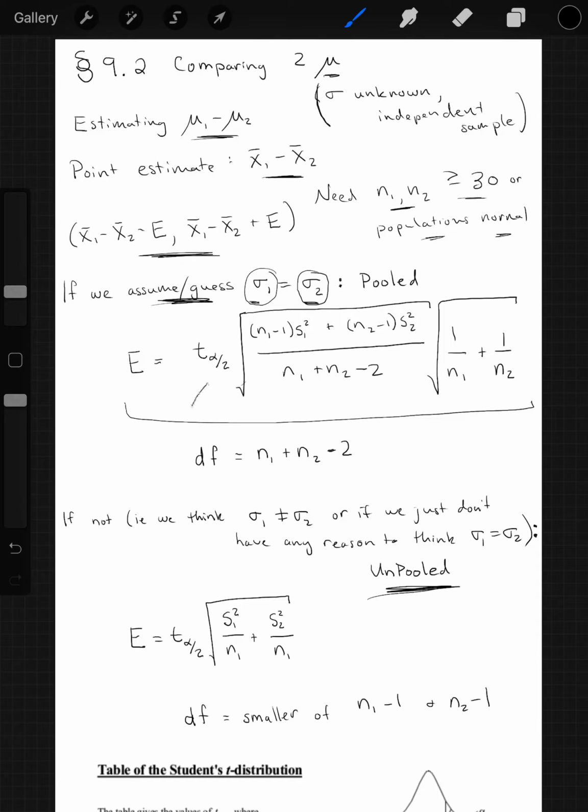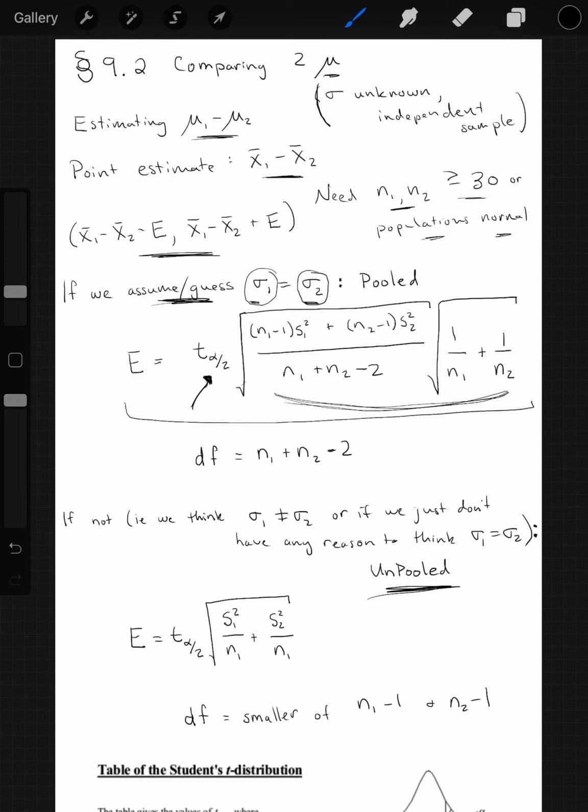We're using t sub alpha over 2 here, right? Same as we did in 8.3. The minute we don't know sigma, we have to start talking about t's instead of z's, right? So that holds true with what we've had before. We've got a little bit more complicated formula here in the square root territory, but it still just involves plugging things into that formula, so it's not so bad, right?